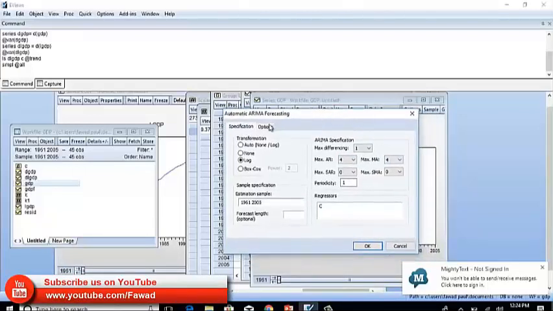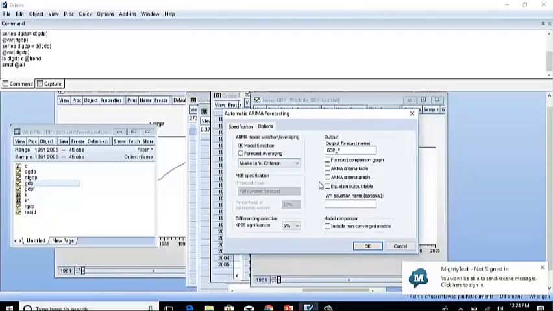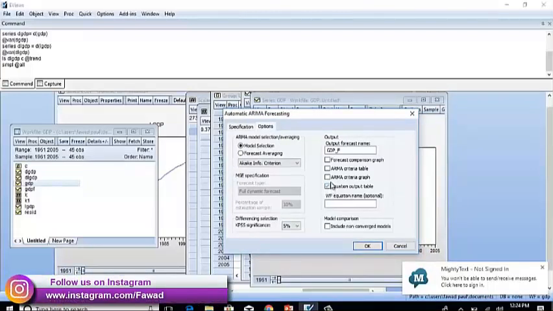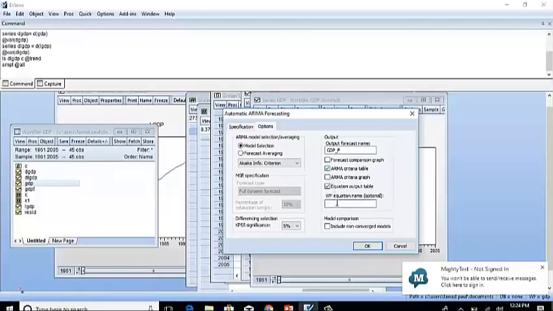Fine. Go to the option, click equation output table, and as you want the ARMA criteria table, make it equation 1 and name it equation 1.